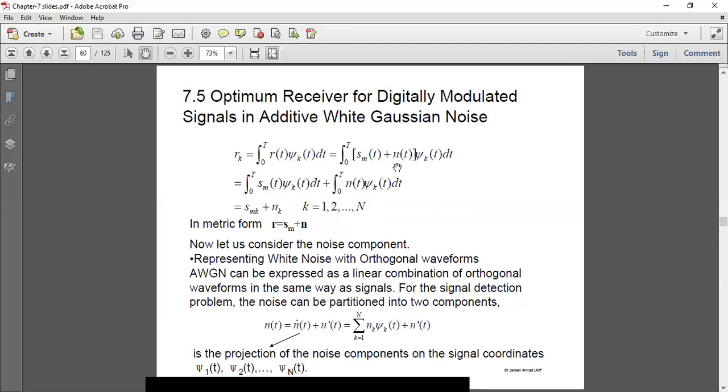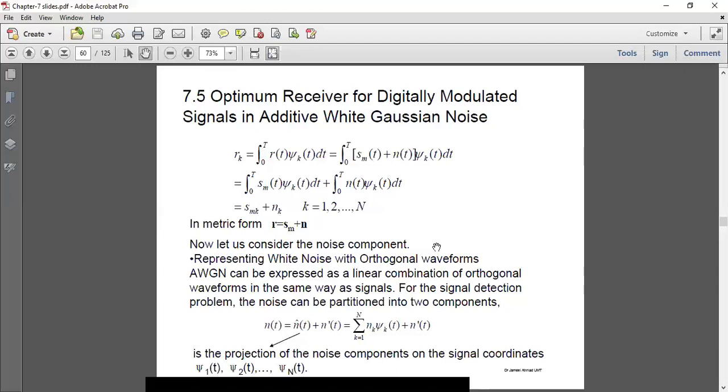It will have two terms: Sm and phi k. This whole integration can be written as Smk. And the noise will be correlated with this basis function, represented as nk, where k goes from 1 up to n. In vector form, this whole equation can be written as bold-faced R equal to Sm plus n.